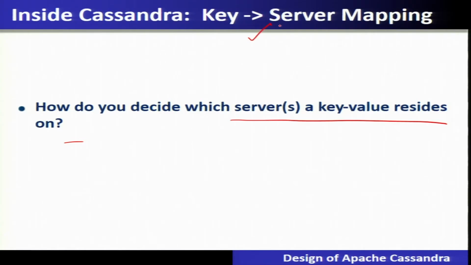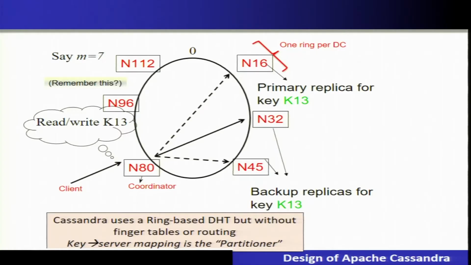That is called key to server mapping inside Cassandra. It is supported with a concept called a ring based DHT, without the other details of DHT use like the finger table or routing table. Key to server mapping is called the partitioner in Cassandra.